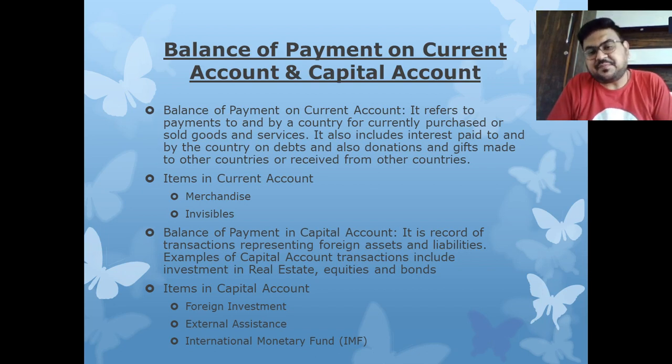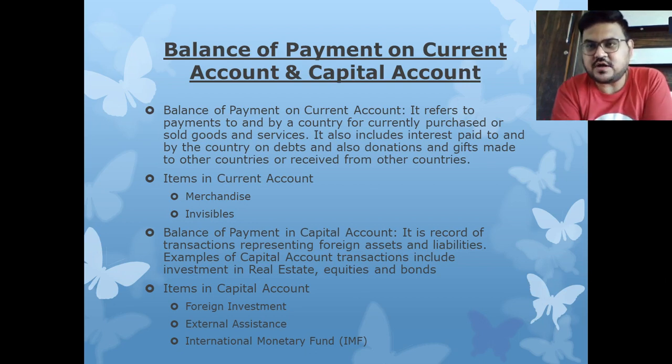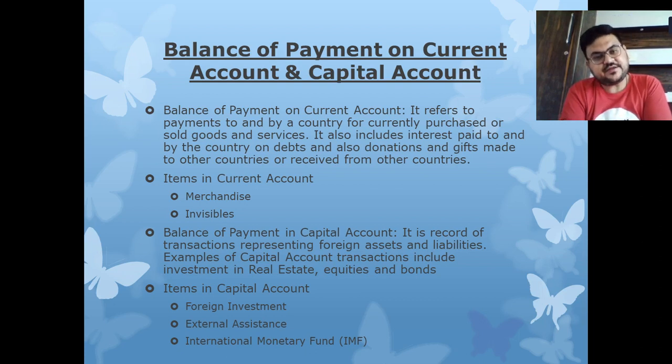Then balance of payment in capital account. This is a record of transactions representing foreign assets and liabilities. Examples of capital account transactions include investment in real estate, equities and bonds. So when we purchase property outside India, or anybody from a foreign country purchases a property here in India, that amounts to a capital account transaction. How many assets we have purchased, how many we have sold, what foreign investment we have received, any external assistance, whatever transactions have happened through the IMF, the International Monetary Fund, will be recorded in the balance of payment on capital account.